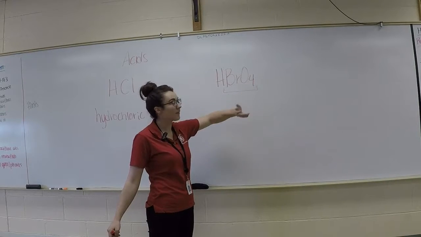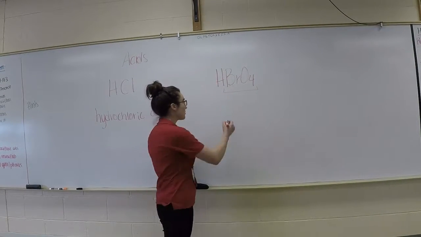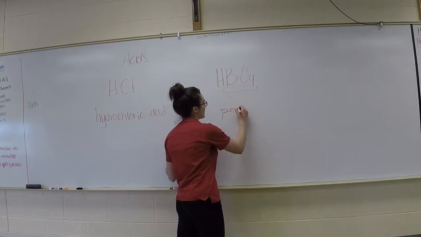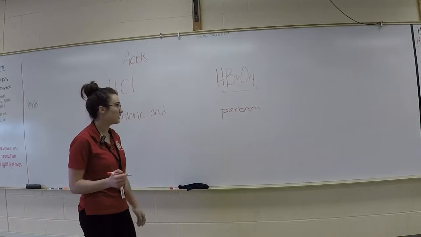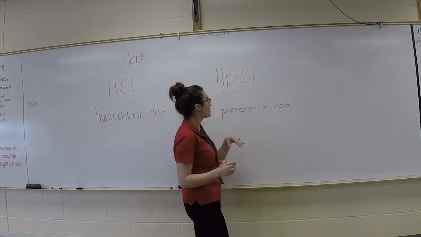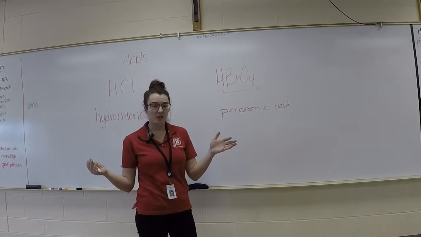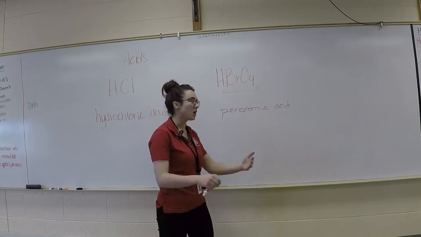The 4s have the word per in the front. So this is perbromate, something with an ate ending. What do we change the ending to? Ic, perbromic acid. If this was bromite, what would we have changed the ending to? Ous. So ites get ous.